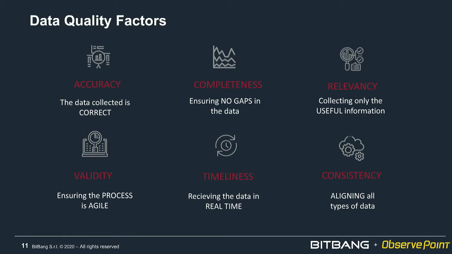And we need validity as well. It concerns how we collect data rather than what we are going to collect. And it must be time relevant for sure as well, or it becomes even dangerous to use. And last but not least, obviously it has to be consistent with the context and with other data.